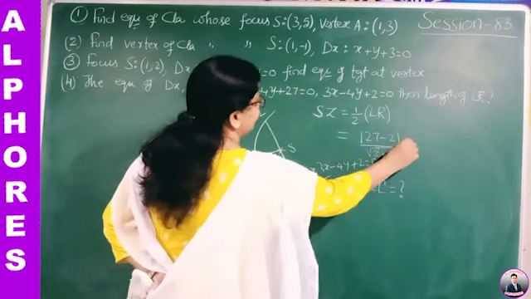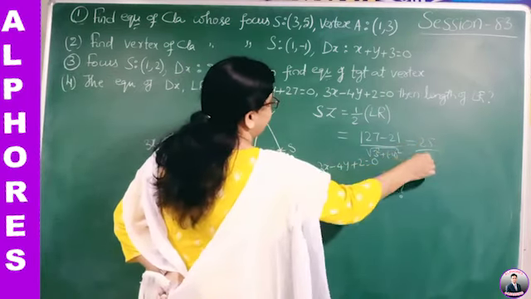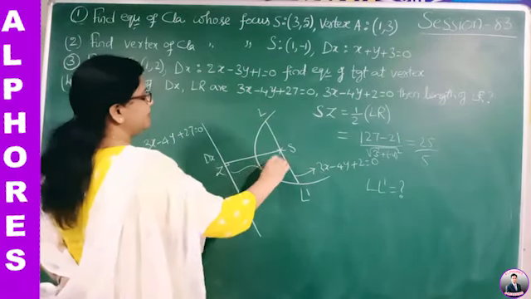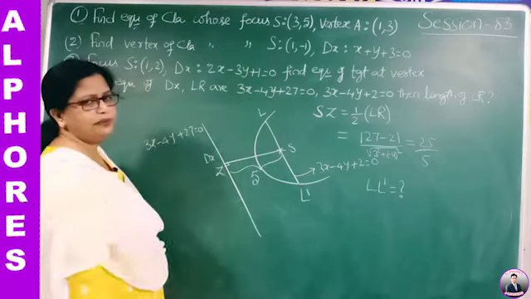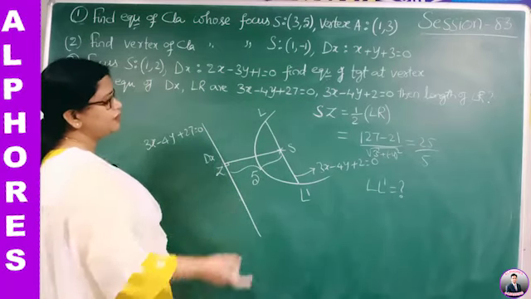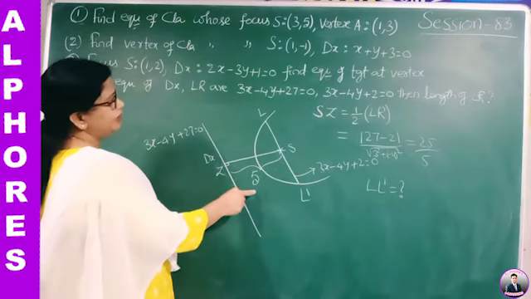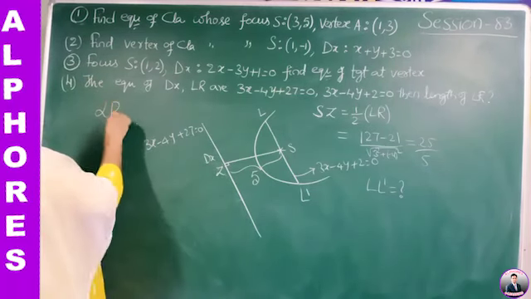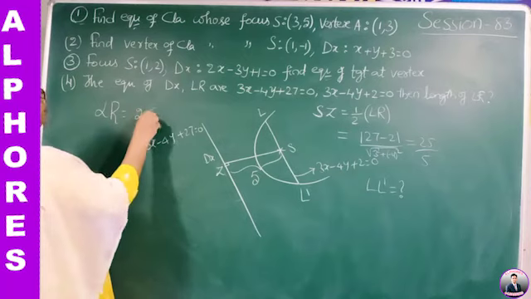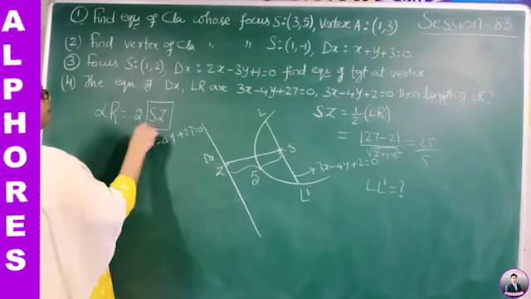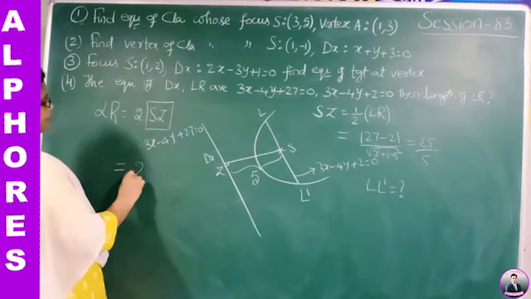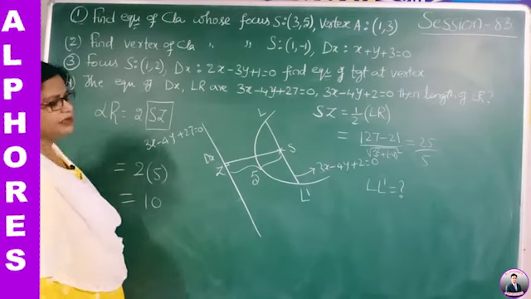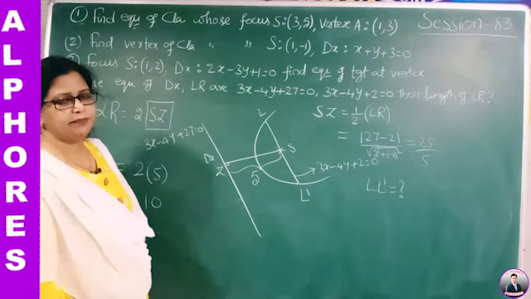Therefore this is 25 divided by 5, so you got 5 units. Then the length of the latus rectum is 2 times this value. So the length of the latus rectum is 2 times SZ, that is 2 into 5, which is 10 units. So this is our length of the latus rectum.